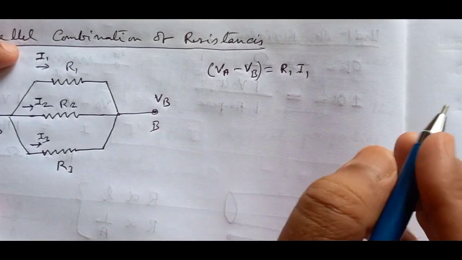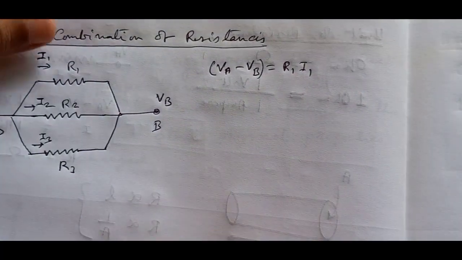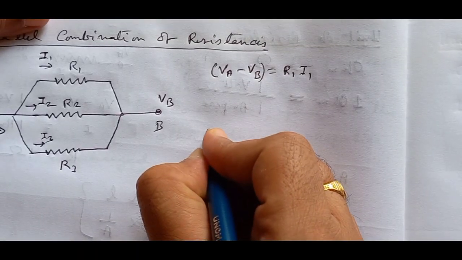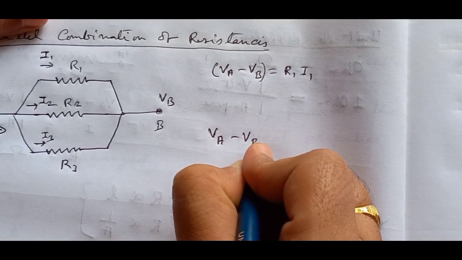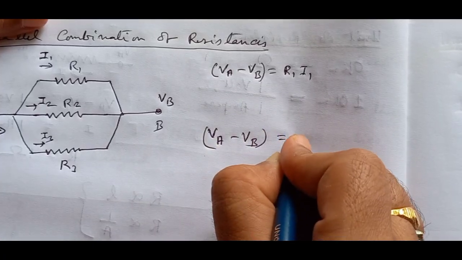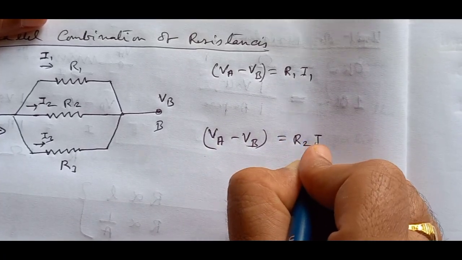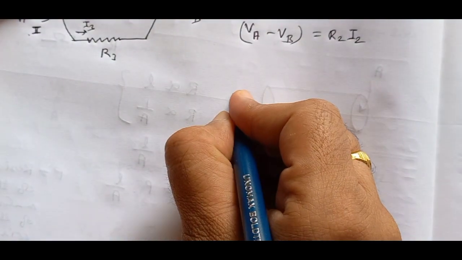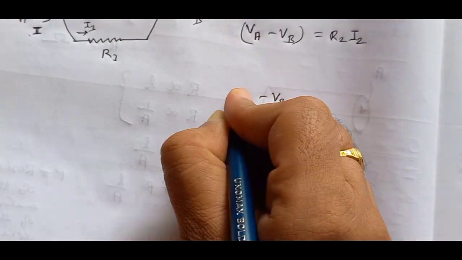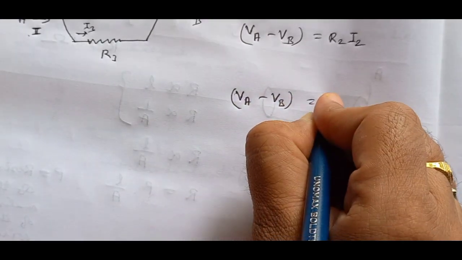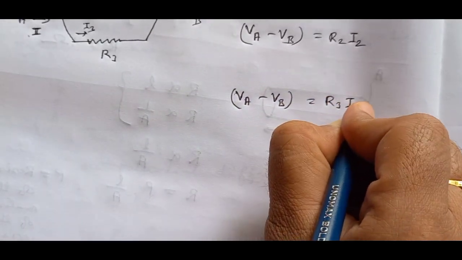Similarly, VA minus VB is equal to R2 into I2. In a similar manner, we can write VA minus VB is equal to R3 into I3.